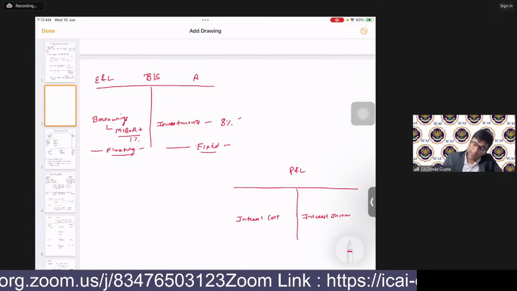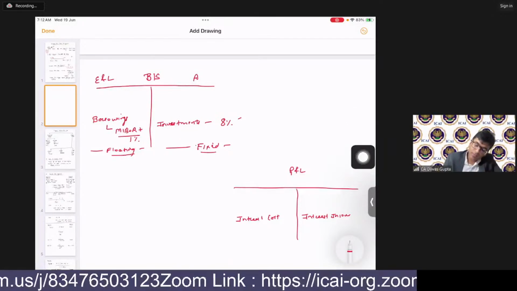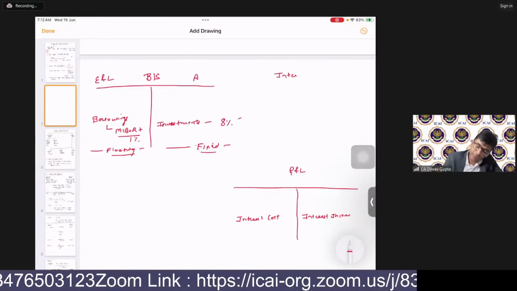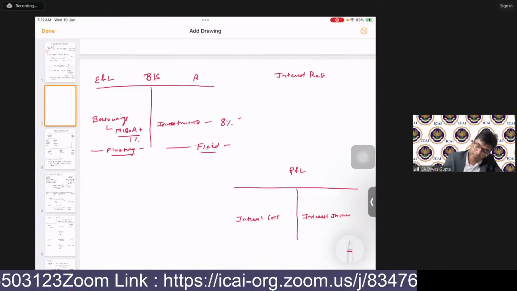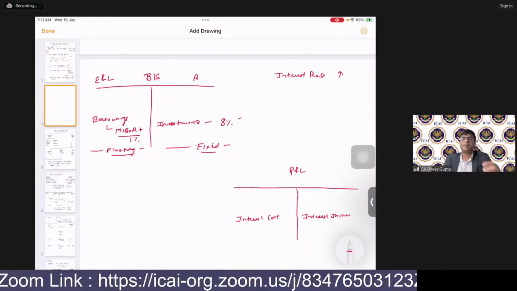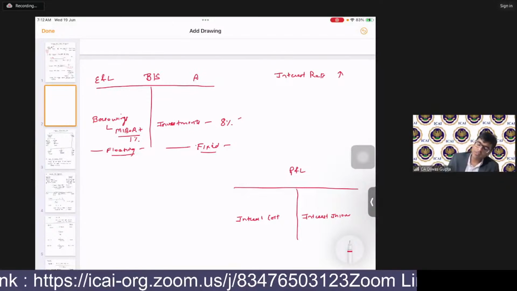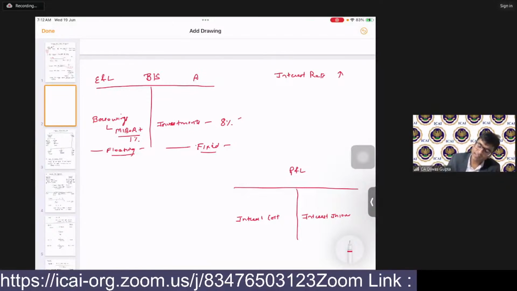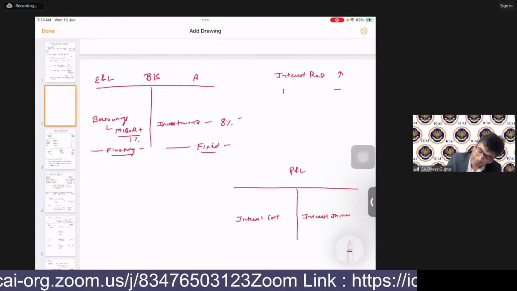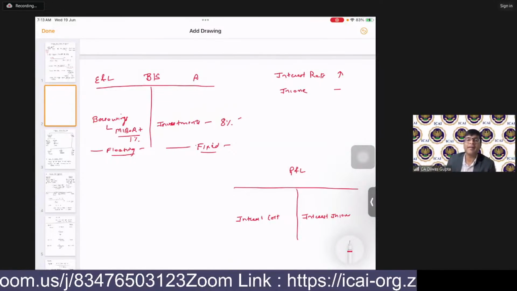Now, tomorrow, what happens? Let's say the interest rate moves up. In investments, you will still earn 8%, so your income will have no incremental impact.